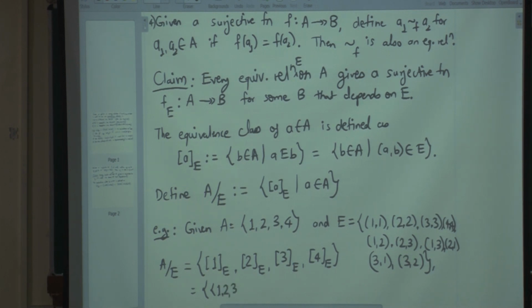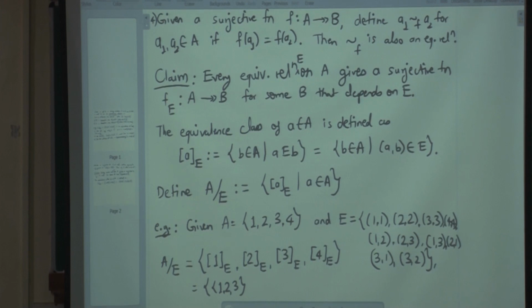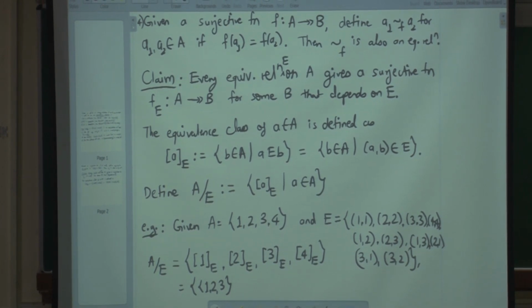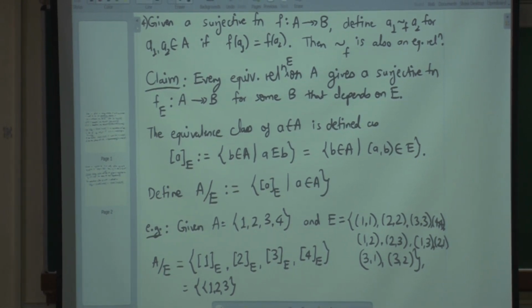What is the equivalence class of 2? {1, 2, 3}. The equivalence class of 3, again {1, 2, 3}. So I don't have to write it 3 times. By the axiom of extensionality, this is precisely just a 2 element set like this. It has only 2 elements, {1, 2, 3} and {4}.